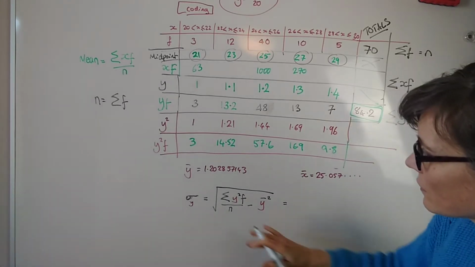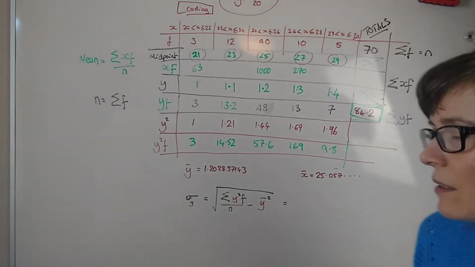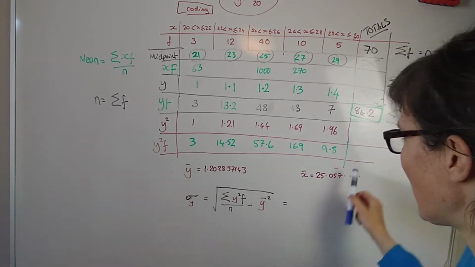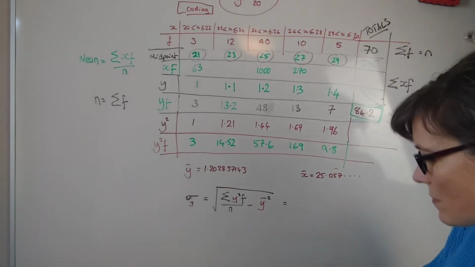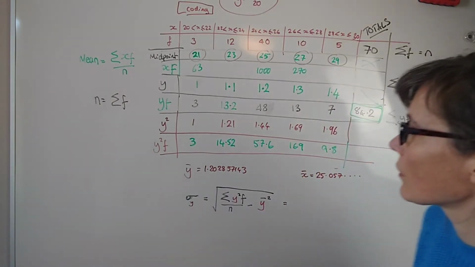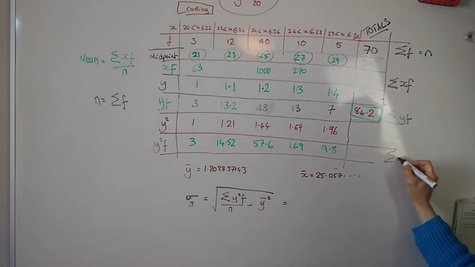So this thing in here, this sigma of y squared f, is now the thing that's going to pop out at the end of this column. So if we add all of those together, we should get this thing, sigma y squared f. So this bit in here.